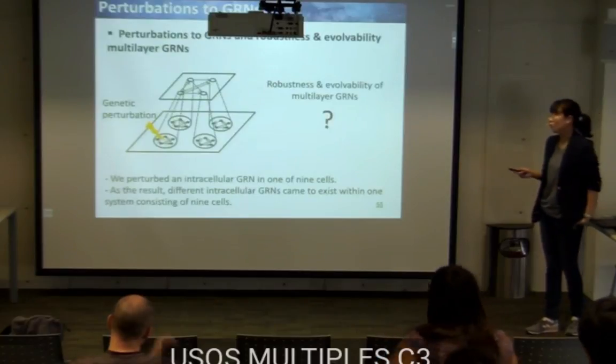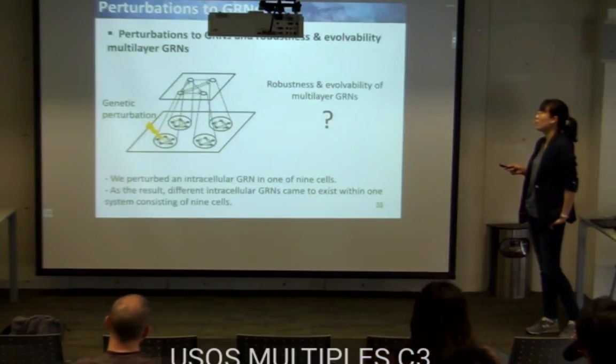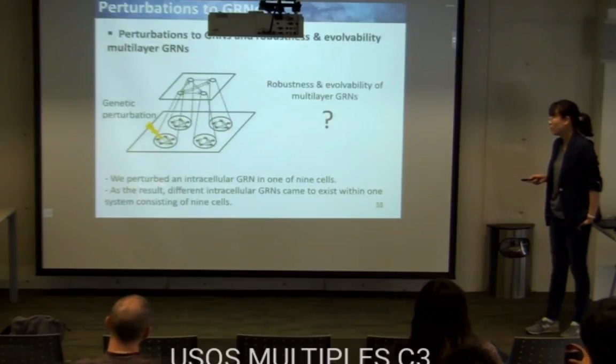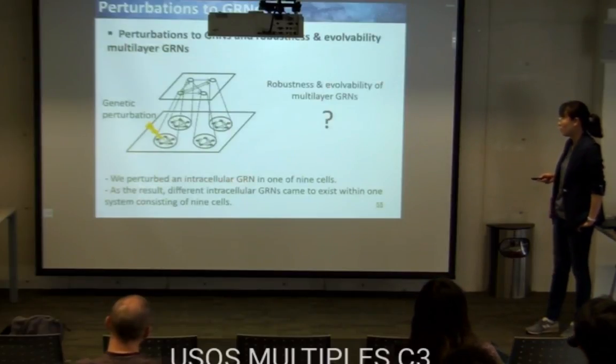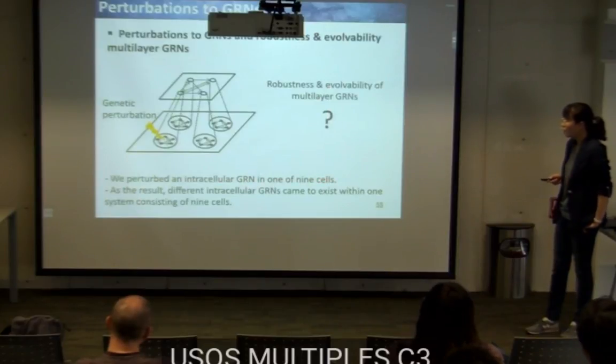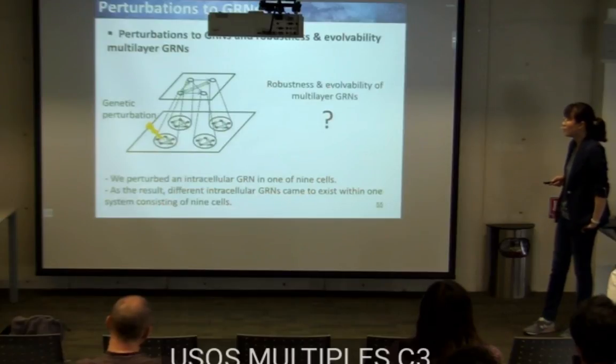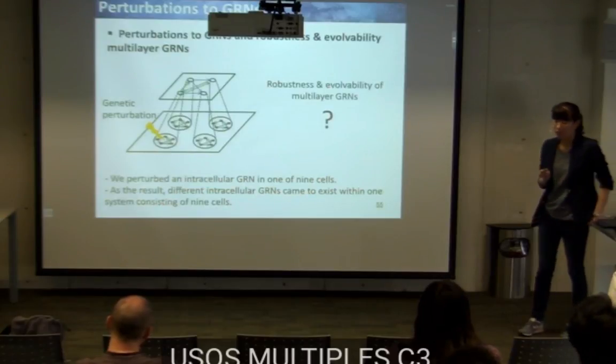To measure the robustness and evolvability of multi-layer gene regulatory networks, we perturbed an intracellular gene regulatory network in one of 9 cells. As a result, different intracellular GRNs came to exist within one system consisting of 9 cells. Here's a question.